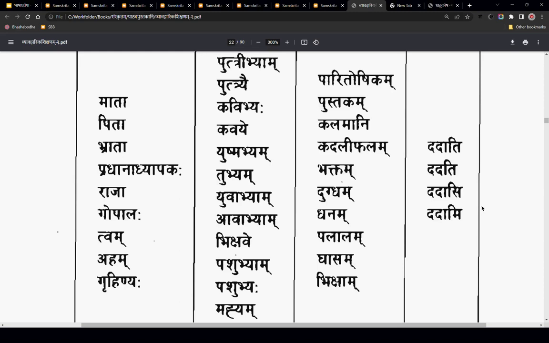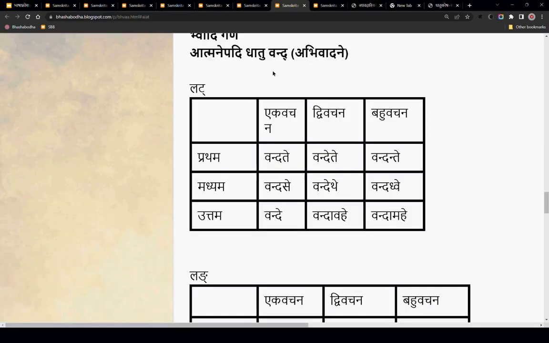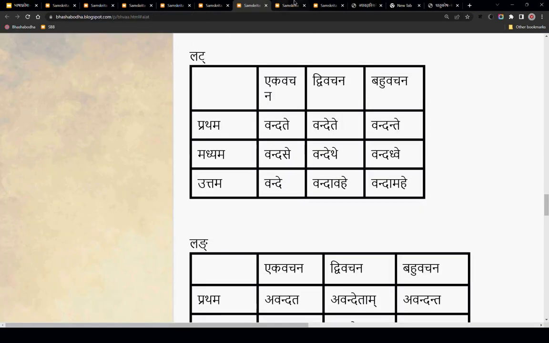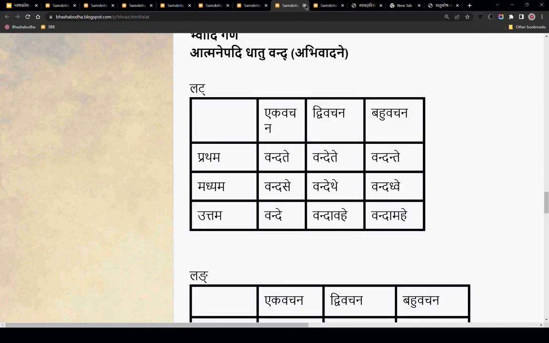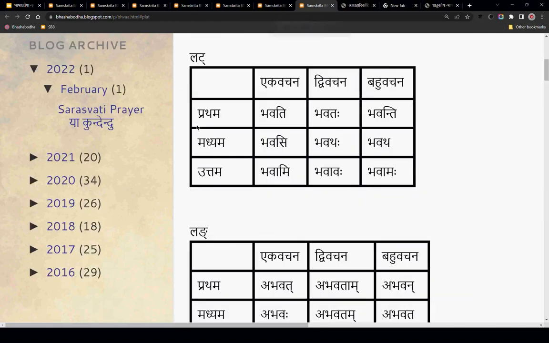So here in the last column, dadati is in which purusha? Is it prathama purusha, madhyama purusha? So you remember these purushas, right? Kriyapadas have these purushas. The horizontal lines are called purusha.